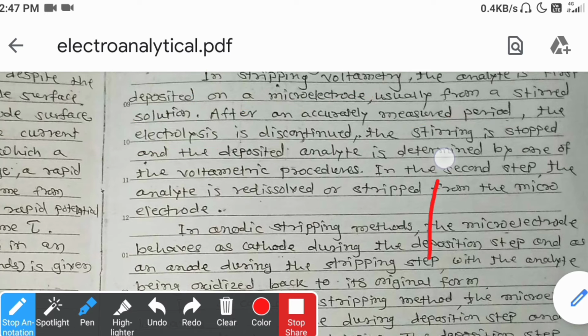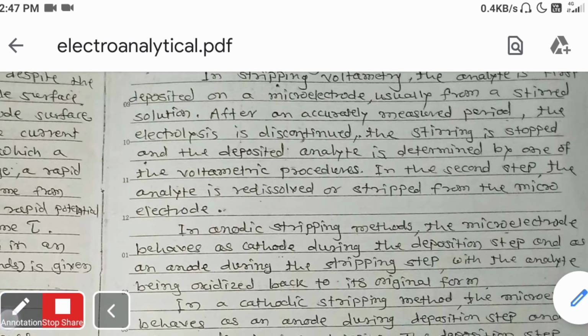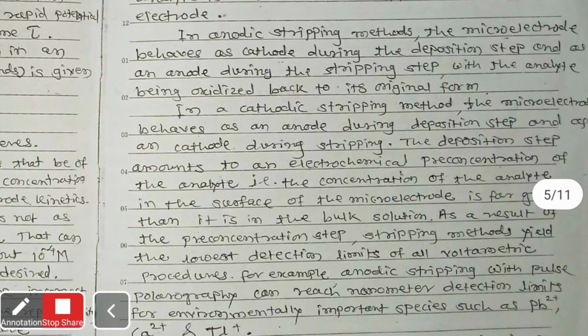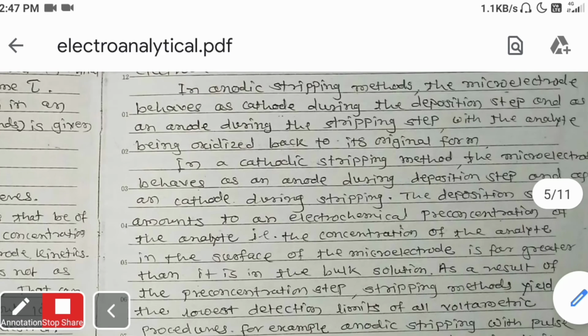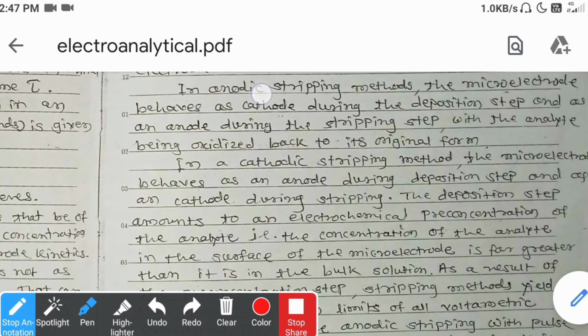So there are two methods of stripping voltammetry. One is anodic stripping voltammetry and the other is cathodic stripping voltammetry. What is the difference between these two methods?